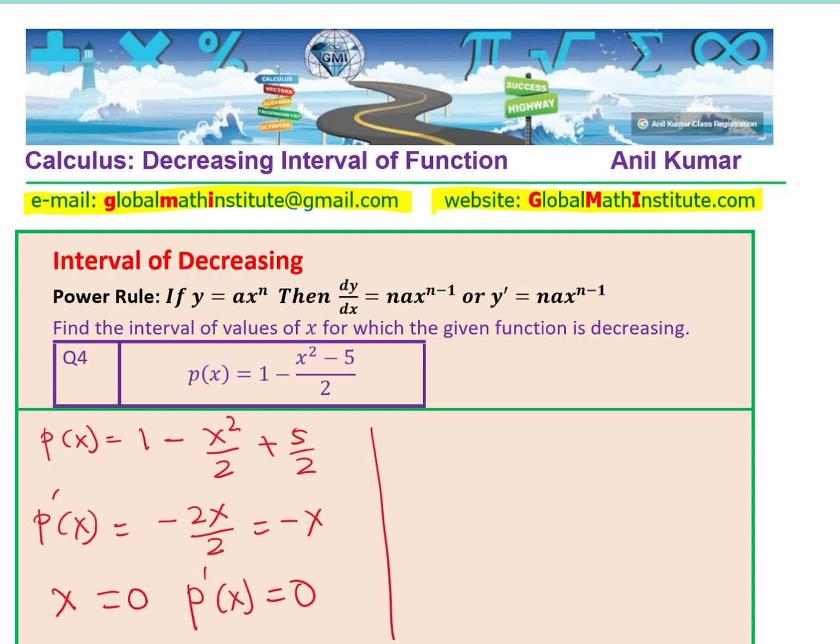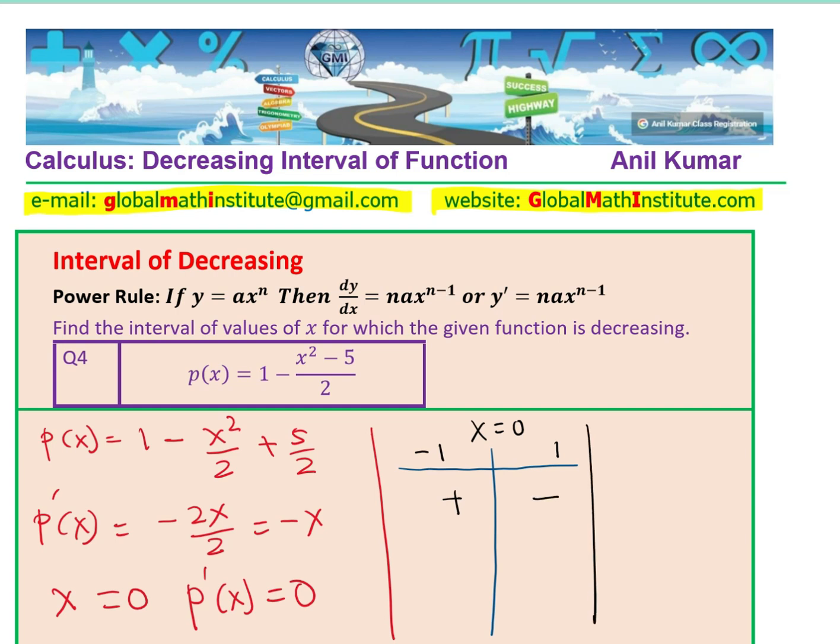So, we're going to test within the interval where x is less than 0 or greater than 0, since x equals 0 gives you a 0 here, right? So, let's take a test point plus and minus 1. Now, since the derivative is minus x, for minus 1 it is positive, and for plus 1 it is negative, right?